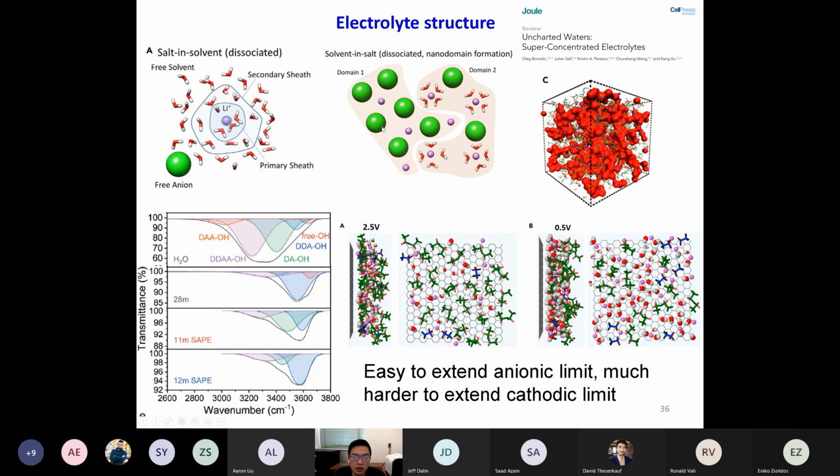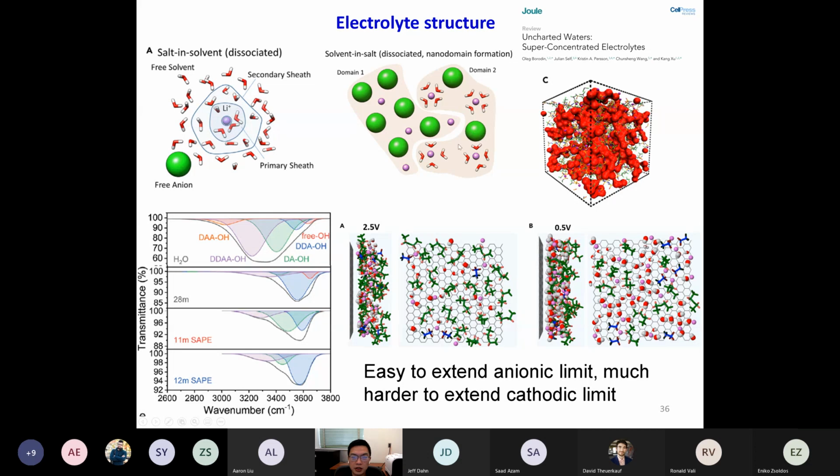Most of it is close contact ion pairs of TFSI anions and the lithium ions. And in domain 2, you have lithium that is not fully solvated, but at least you have 4 or more in the first shell of the lithium ions, and much fewer anions inside of domain 2. This structure has actually been proved by neutron scattering and modeling.